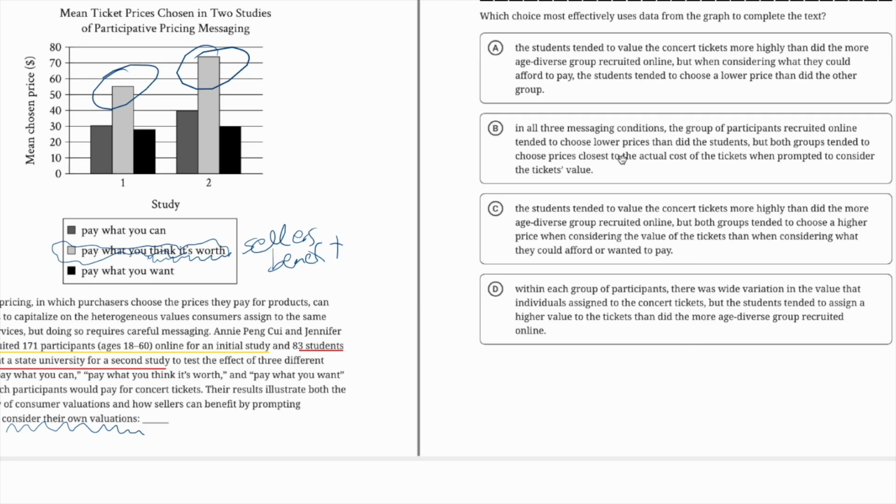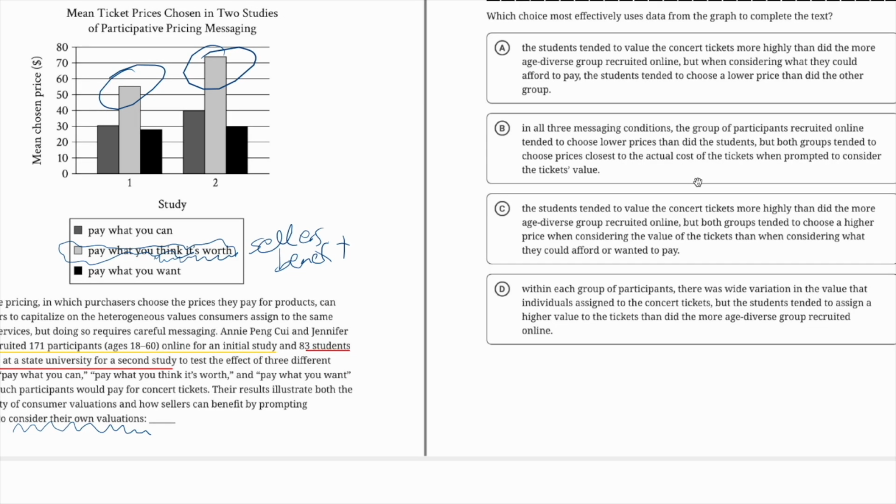Okay. It's not about paying the closest to the actual cost. It's not about students versus the other group. Students tended to value the concert tickets more highly than did the more age-diverse group, but both groups tended to choose a higher price when considering the value of the tickets than when considering what they could afford. Okay, considering the value of the tickets.